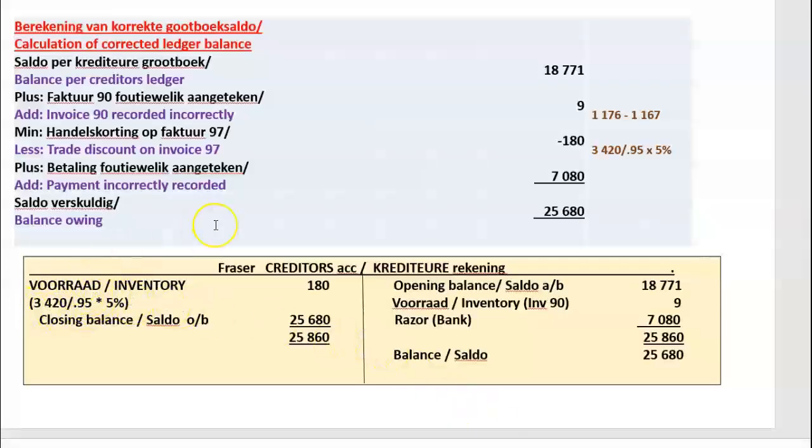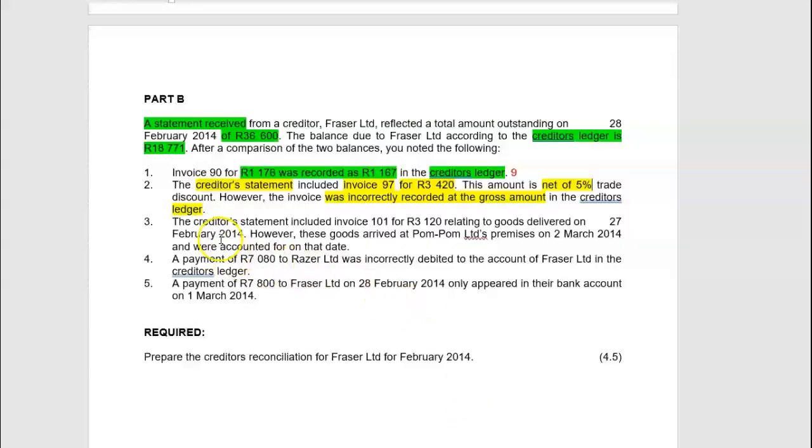So 3420 divided by 95% gives me a normal selling price of 3,600 Rand. Now 3,600 Rand times 5% will be the trade discount that they were entitled to. So the amount I'm going to reduce his balance with, so i.e. I have to debit his account, is 180 Rand, and the counter leg I'm going to post against my inventory account, 180 Rand. So we made a mistake, we have to rectify the mistake.